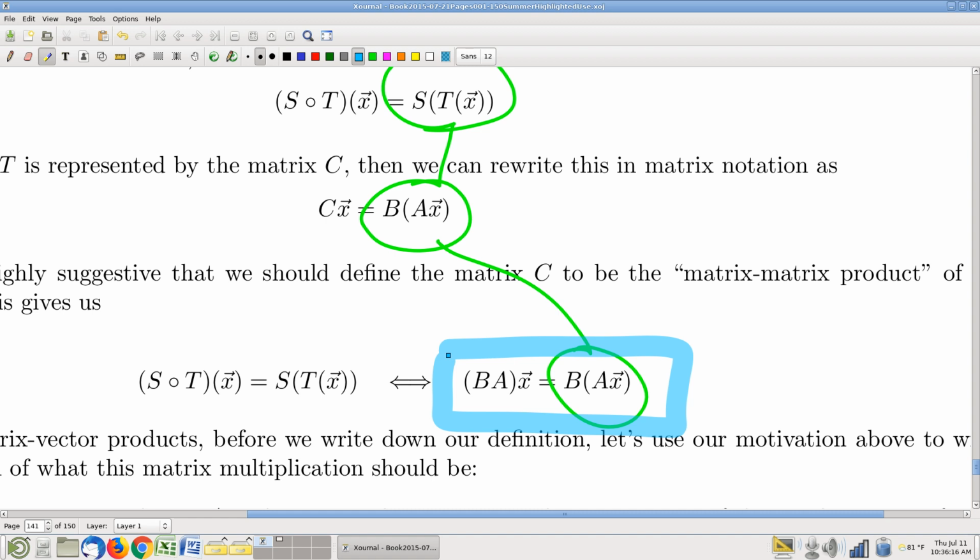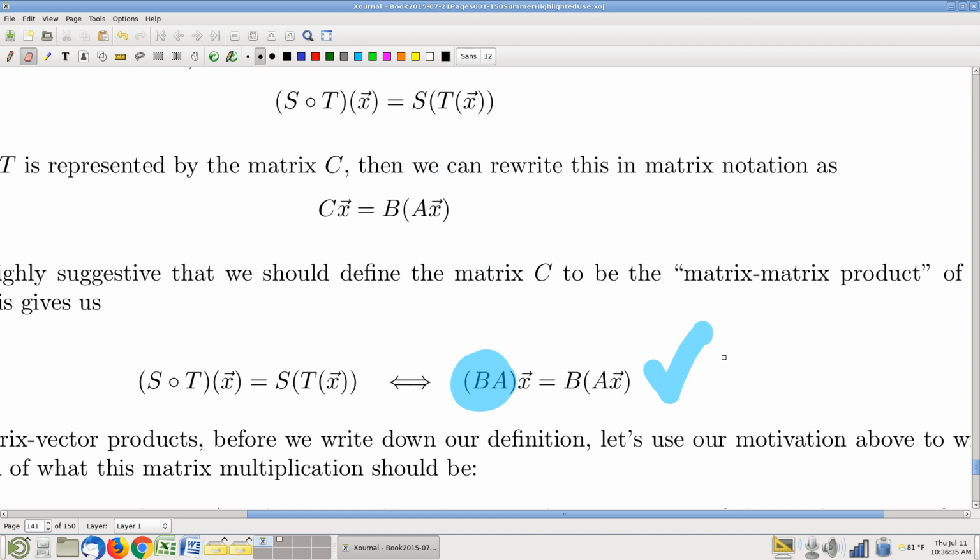So here's where I'm going to make my first actual choice. The choice that defines matrix multiplication is that I'm going to choose matrix multiplication to be that which makes associativity work. And then unavoidably, I have to define this matrix product to be the matrix that represents the composition of the two corresponding linear transformations.